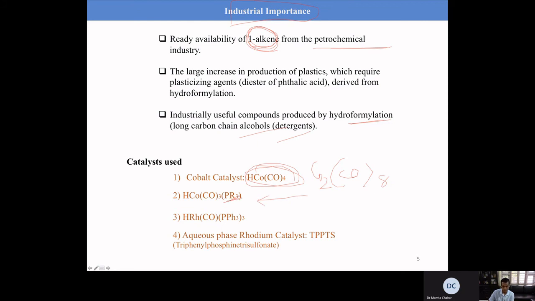And we can also have different other rhodium-based catalysts, the rhodium monohydride catalyst that you have seen before. And of course, aqueous phase rhodium catalyst can also come into the picture. Depending on the need and usage, you can have different variations of these catalysts. As you see, cobalt or rhodium catalysts are the ones which are predominantly used for these sorts of hydroformylation reactions.